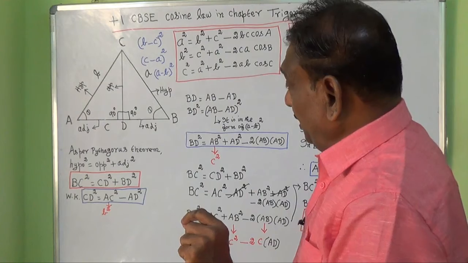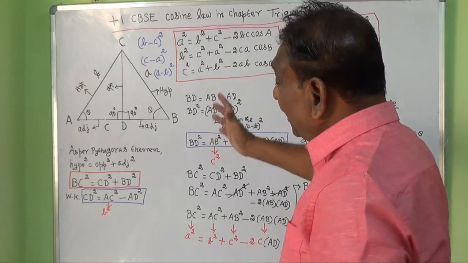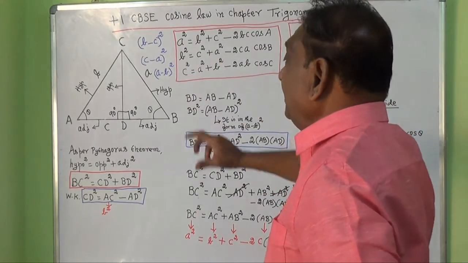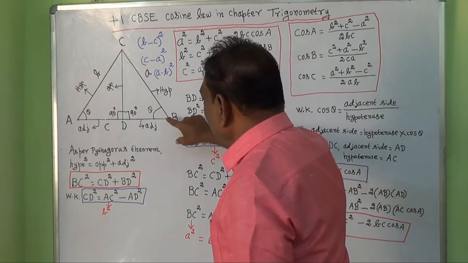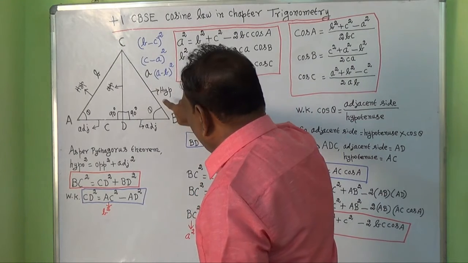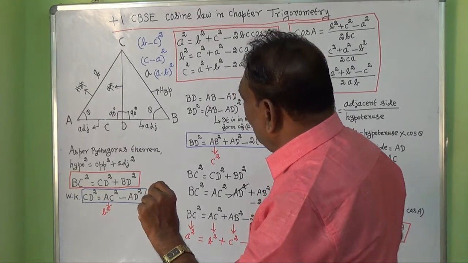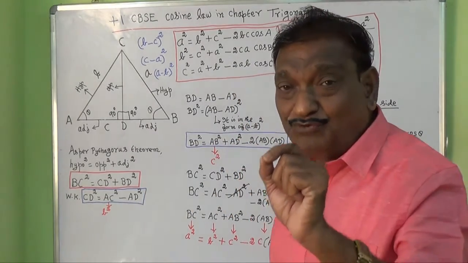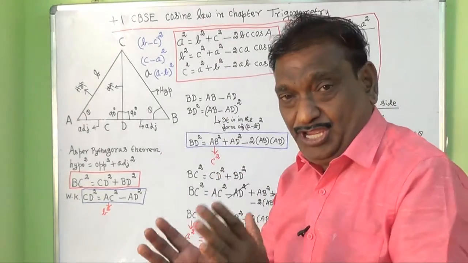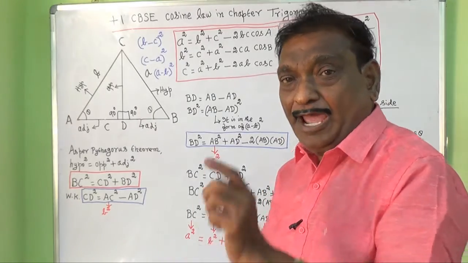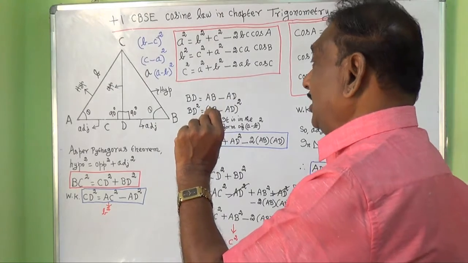First of all, we are going to consider the right side right-angled triangle. In the right side right-angled triangle, BC is the hypotenuse. So now we are going to write the formula for BC square. That is, we are going to write the formula for hypotenuse square in the case of the right-angled triangle.